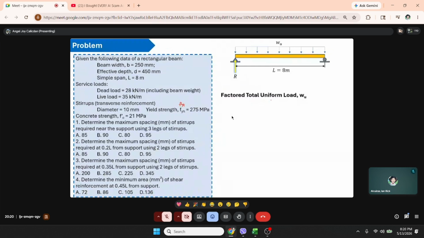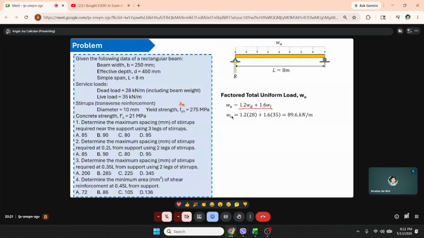The load combination we will use is the common one, which is 1.2 dead load plus 1.6 live load. Substituting the given, we have a factored total uniform load of 89.6 kilonewton per meter.